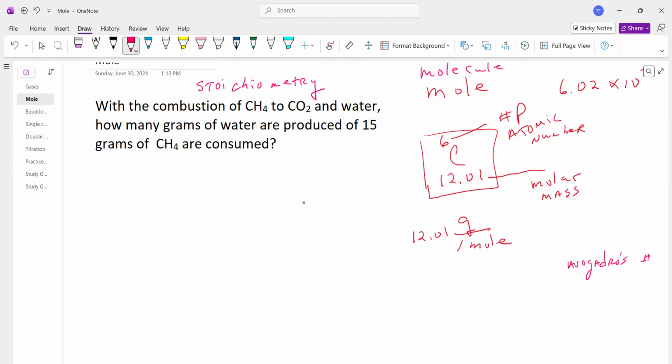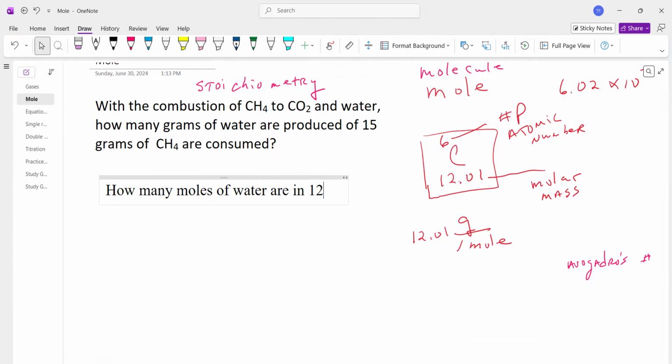Let's say, I can type it out. How many moles of water are in 12.1 grams of water?